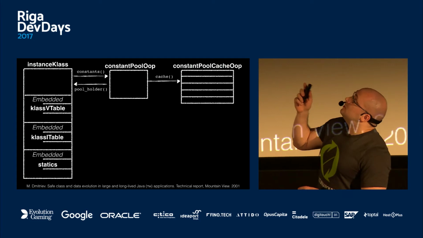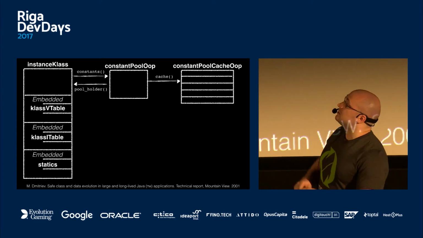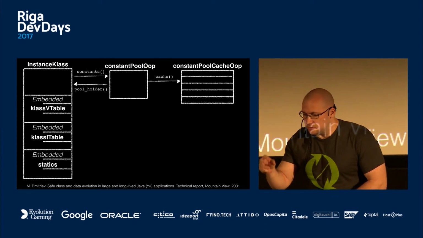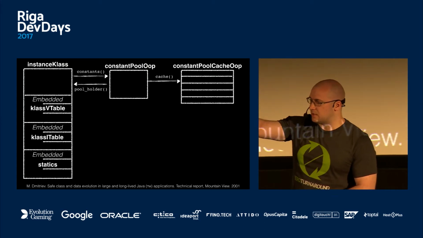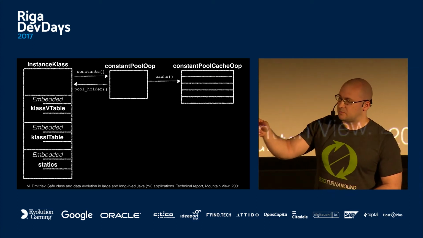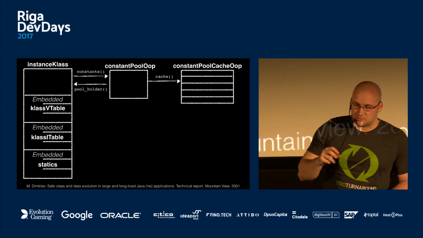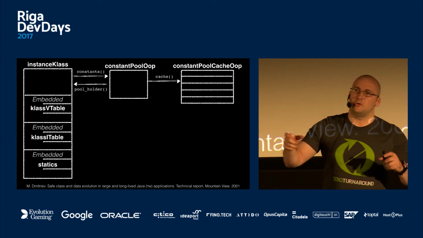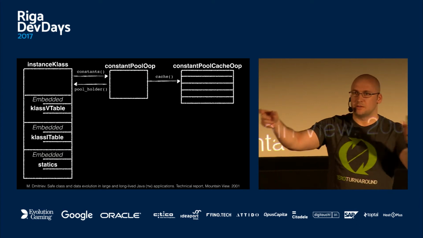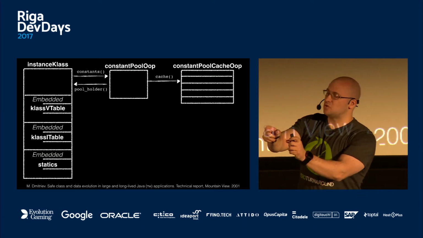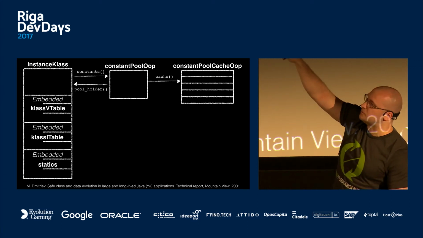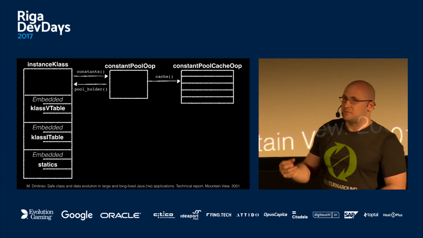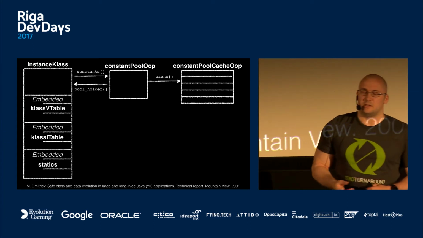The constant pool is a collection of constants, and all the constants are individual there. So if you want to call a method of some kind of class, you have two constants describing this call. One constant is describing the name of the class, and another one is the name of the method. So to actually call a method from the other class, you have to combine two constants, which means a lookup inside this constant pool, and you have lots of them inside the application.